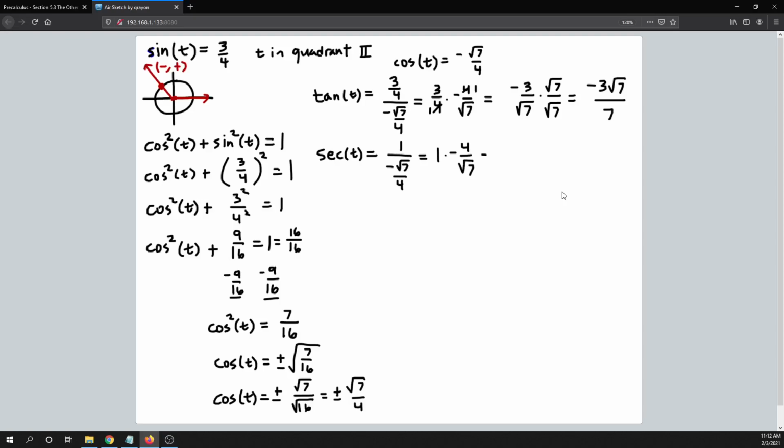And so when I do that, I get minus 4 over the square root of 7. And again, I have a radical in the bottom part, so I need to rationalize it the way that we've been doing before. And since it's only square root 7, just multiply top and bottom by square root 7. On the top, I get minus 4 square roots of 7. On the bottom, square root 7 times square root 7, just like I mentioned up here, will just wind up to be 7. So that's the secant.